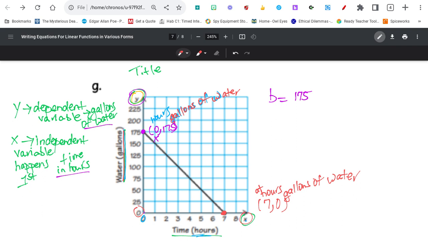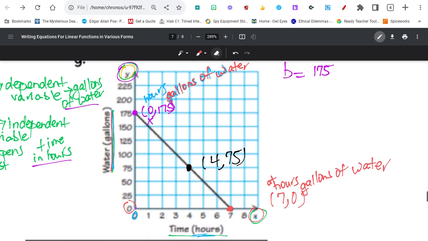All right, see if you can read this. Let's think about this, and I'm going to do this for the black. See if you can read that, because that's a point too. That's to the right 4 and then up to 75. So what does that mean? What does the point (4, 75) mean in terms of this graph?